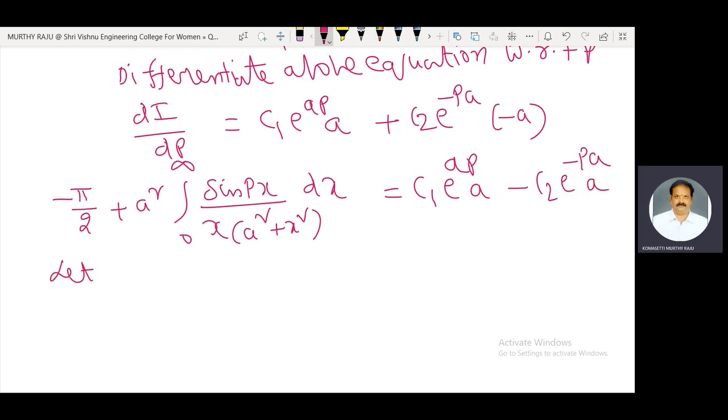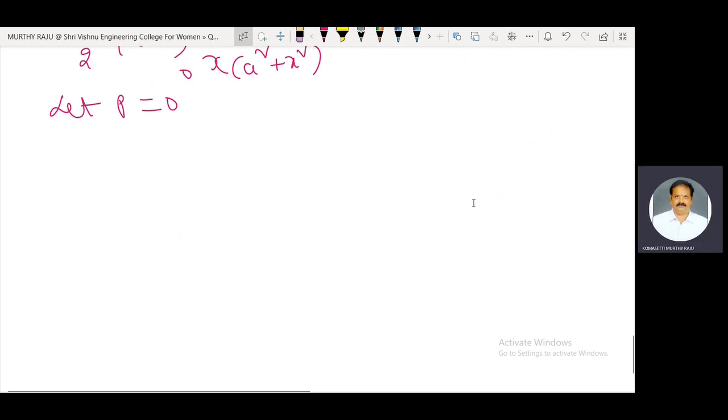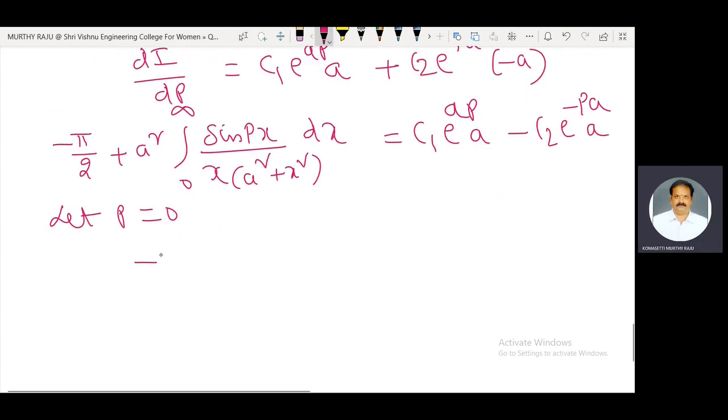Let p is equal to 0. P equal to 0 means sin 0 is 0, the entire term is 0. That is equal to minus pi by 2 is equal to c1 e power 0 is 1, c1a minus c2a because p is equal to 0. This is equation 2.